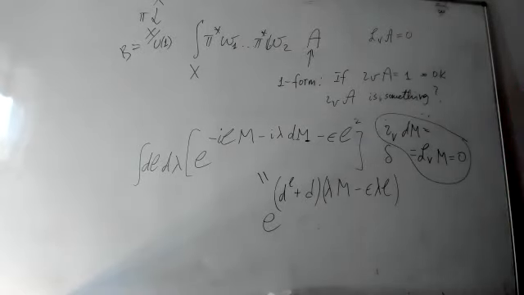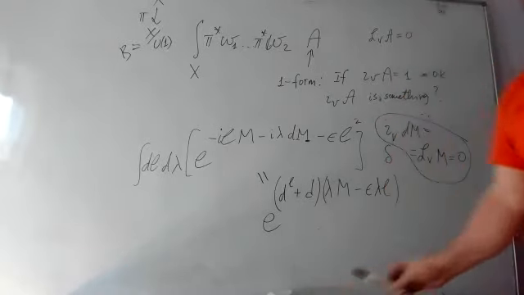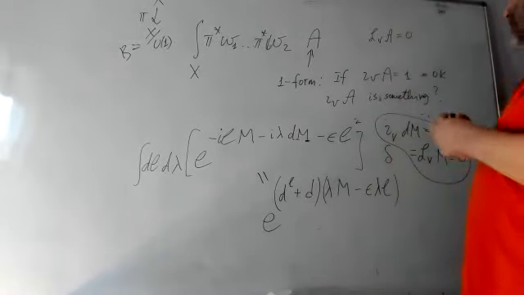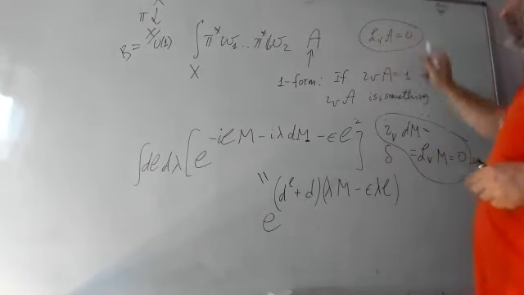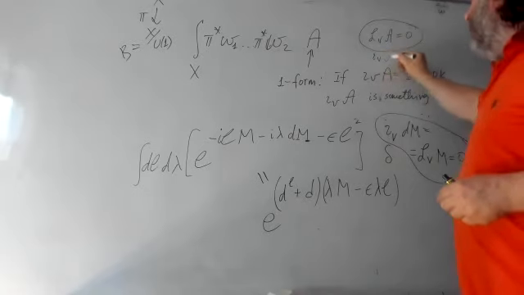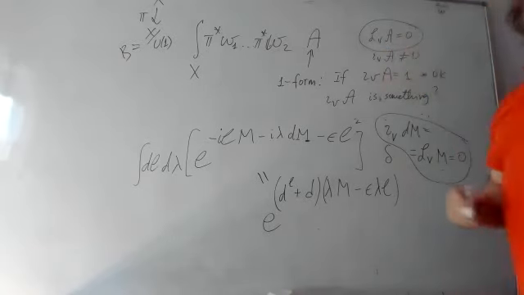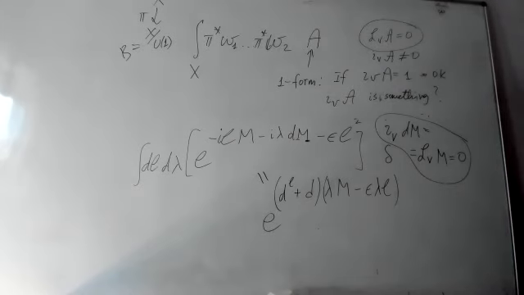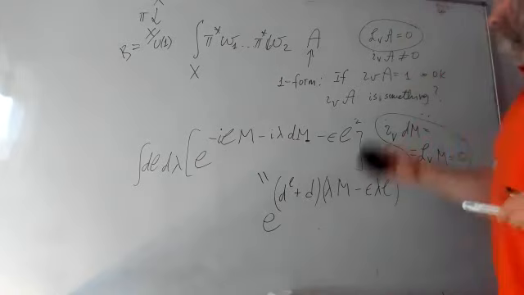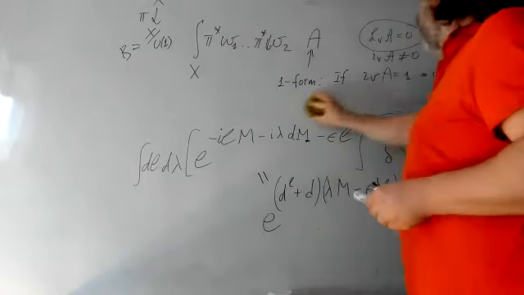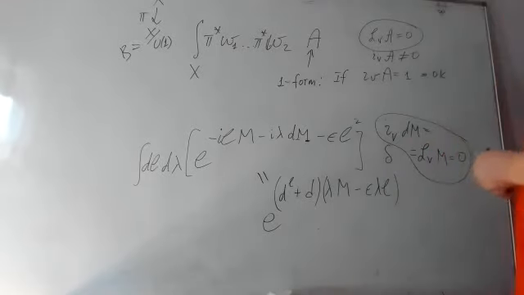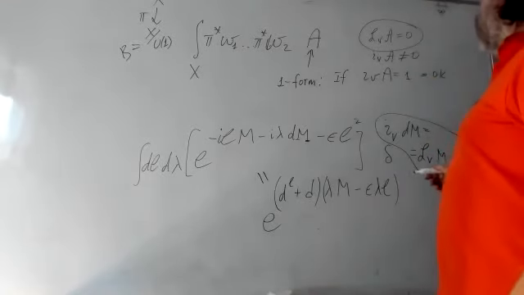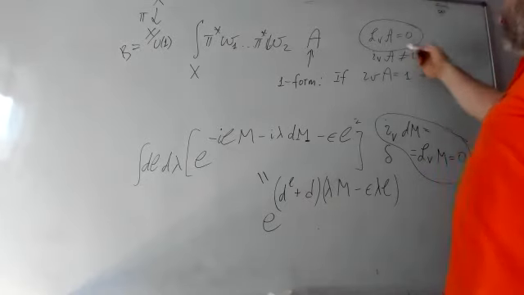But for some reason, I would like to work with LV of A equal to 0 and IV of A non-degenerate. In this particular case, I would like to say that I would like to normalize.